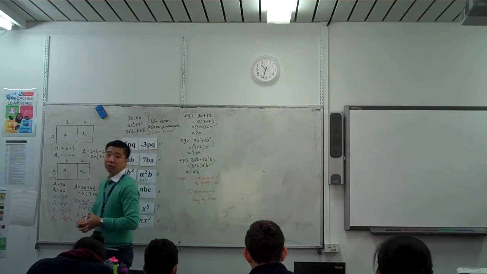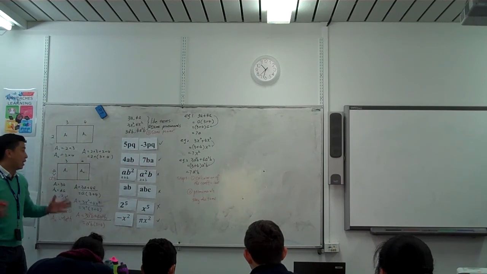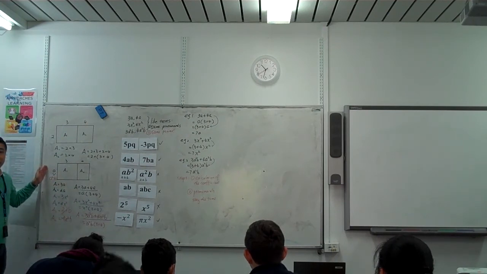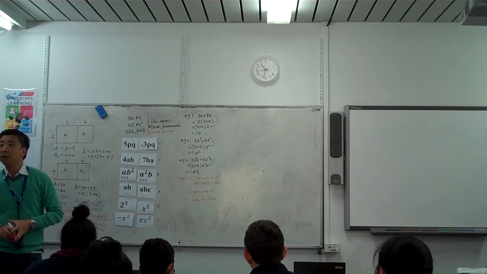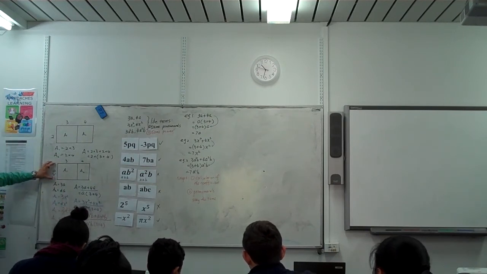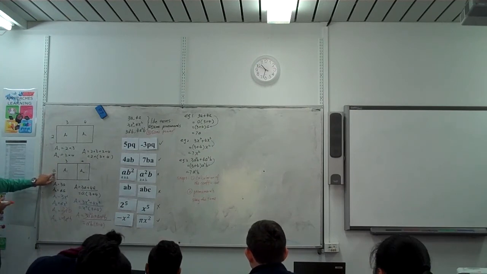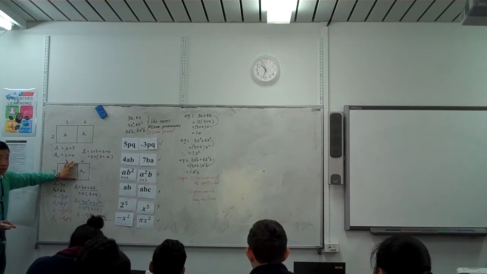If you cannot remember, or if you say, oh, I totally cannot understand, look at this area. We want everyone to combine the shape with algebra, and it's easy to remember. If that is A, how long is this side?